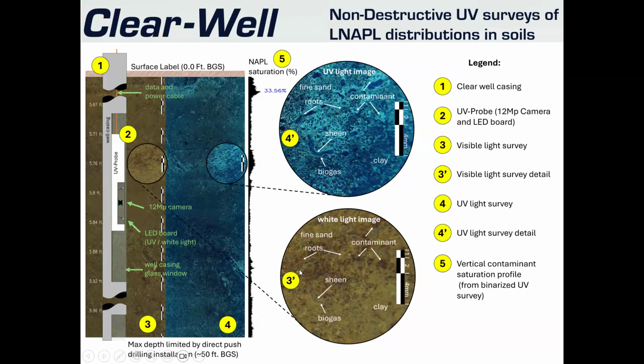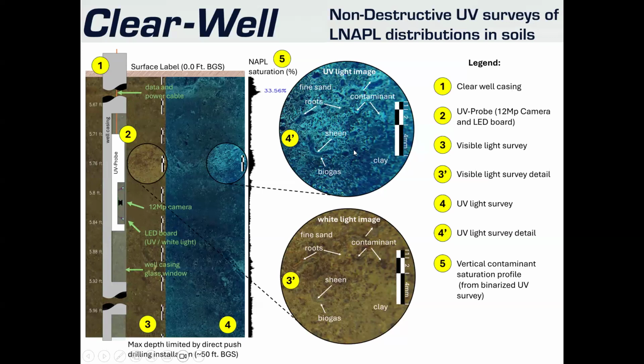And with the white lights, we were seeing amazingly interesting stuff. We were seeing roots, bubbles of gas, and different types of soils. Here we had clays and fine sands over here. These dark spots are actually the weathered petroleum at the site. And when you put this same chunk of soil under UV lights, you have the same features, but now really looking at it from a different angle.